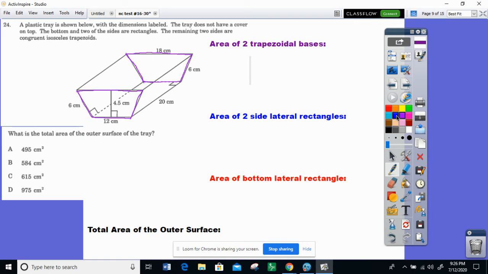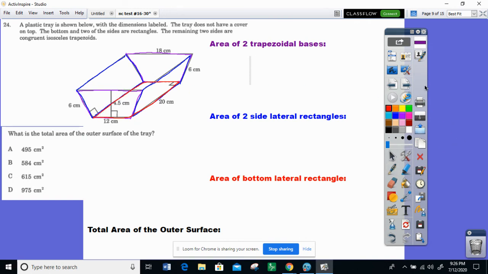We also need to find the area of 2 of the lateral rectangles on the side that are outlined in blue here. And we also need to find the area of the bottom lateral rectangle, which is highlighted in red. All right, so let's get to it.